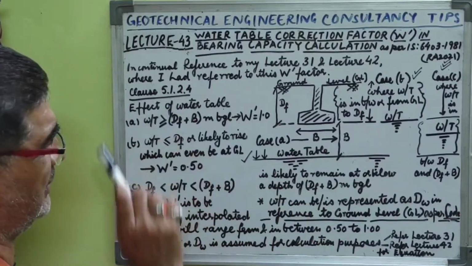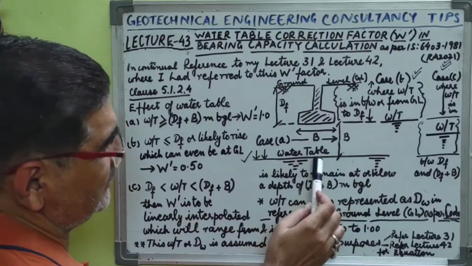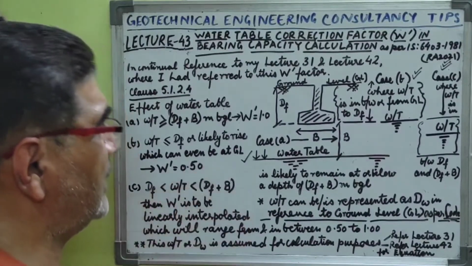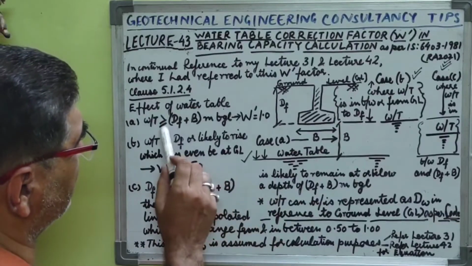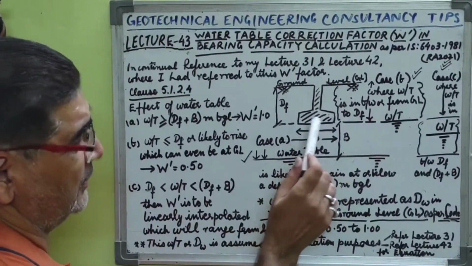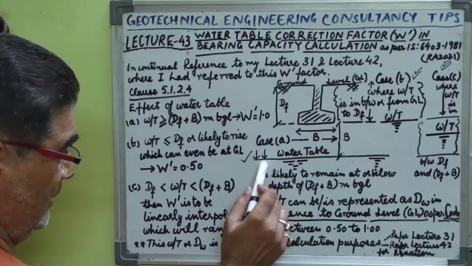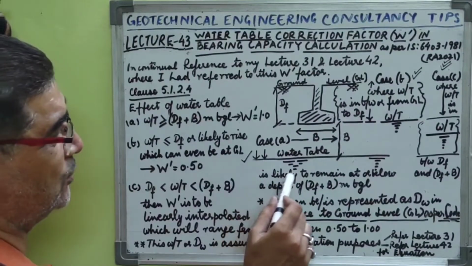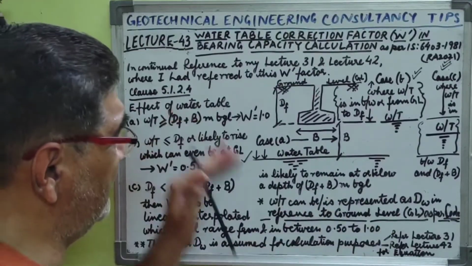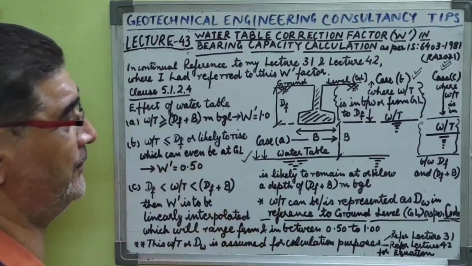Case A as per this Indian Standard Code says that the water table has been presumed for calculation purposes to exist at DF, the depth of foundation, plus B, the width of the proposed footing, that is, the water table will always or is likely to remain at or below a depth of DF plus B meter below ground level. In that particular case, W dash, the water table correction factor, is taken as 1.